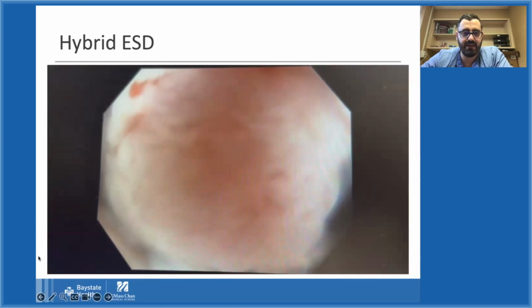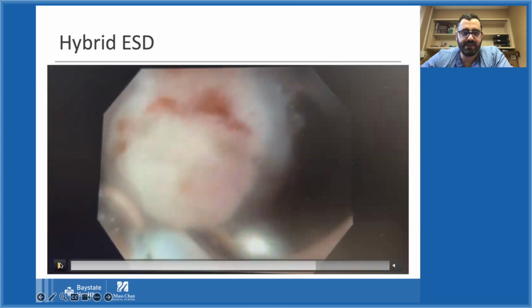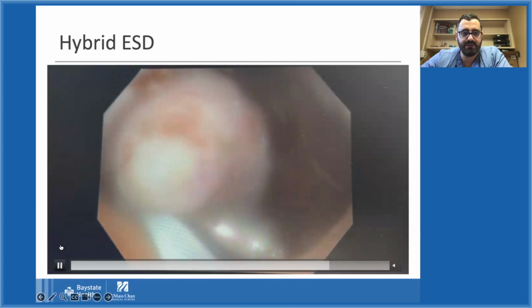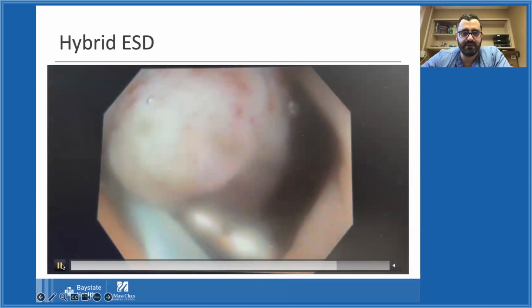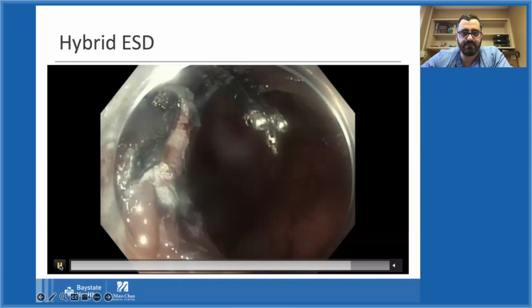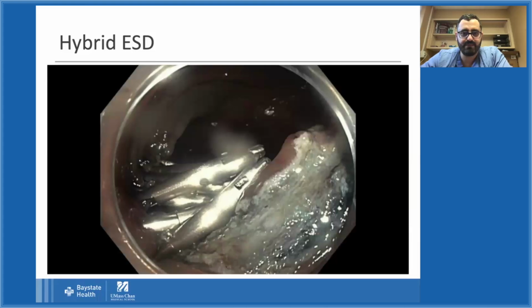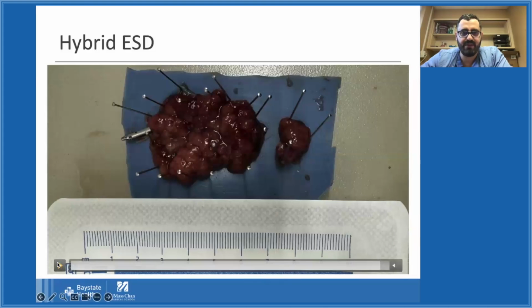And then here, I use the snare to get the rest of the polyp out. This is after the closure. And this is after the polyp was removed.